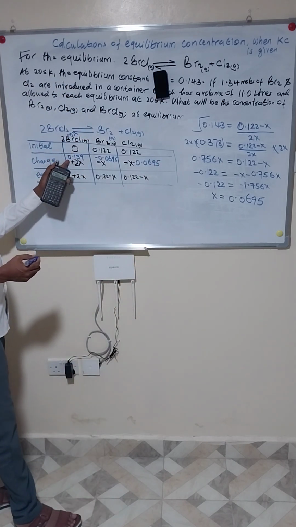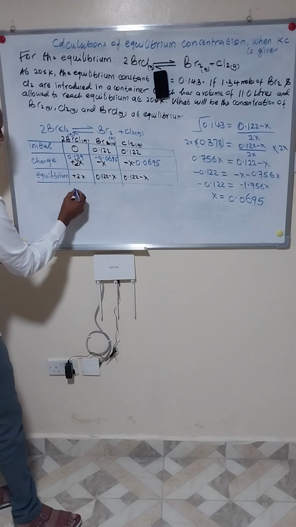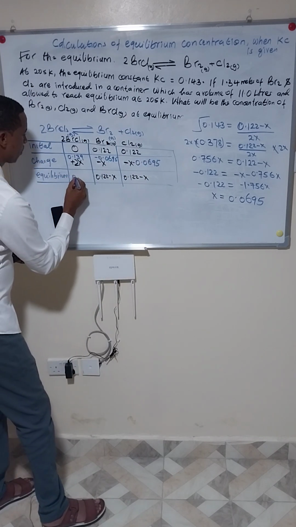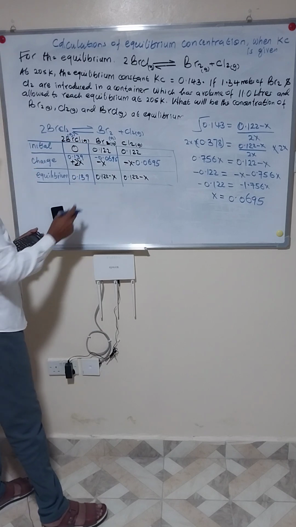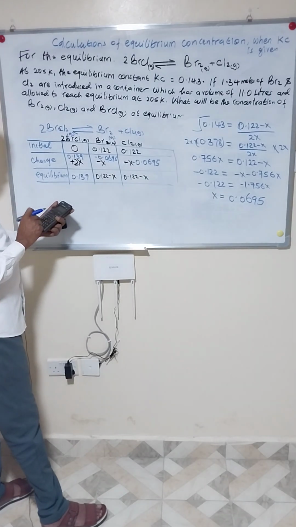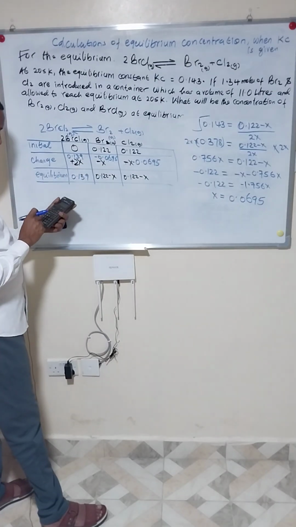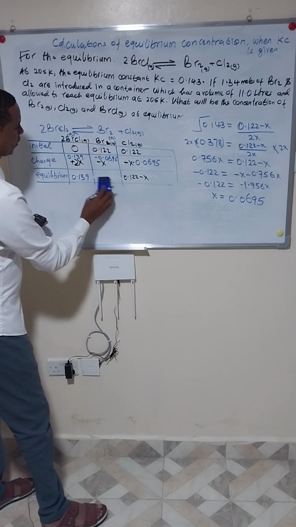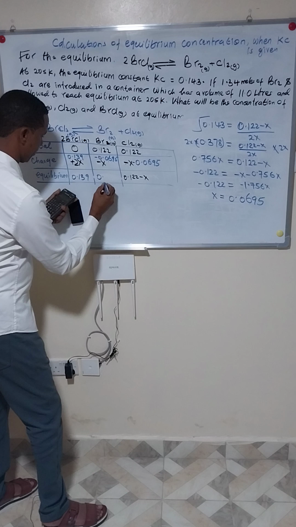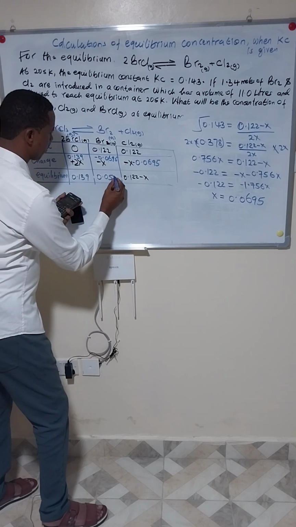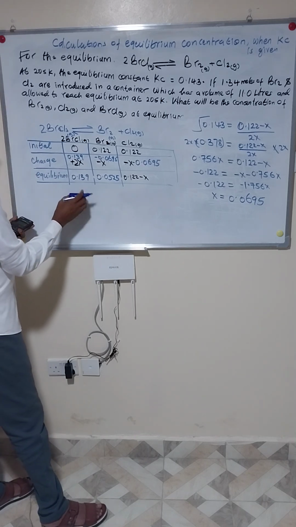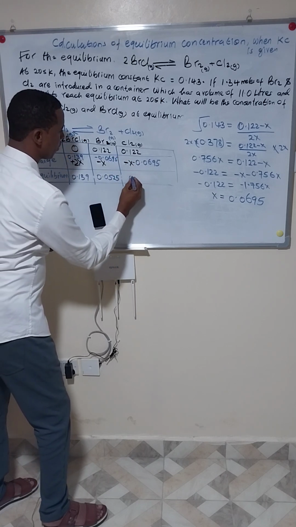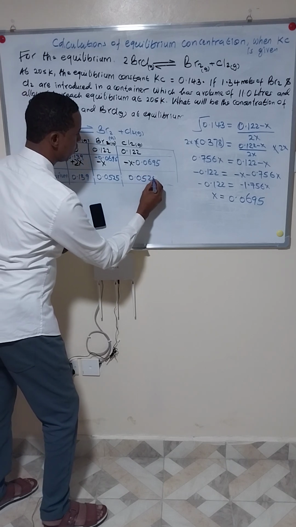So 0 plus 0.139, our equilibrium for bromochloride will be 0.139, and for bromine it is 0.122 minus 0.0695, so it will be 0.0525, and chlorine will be the same. 0.122 minus 0.0695 will be 0.0525.